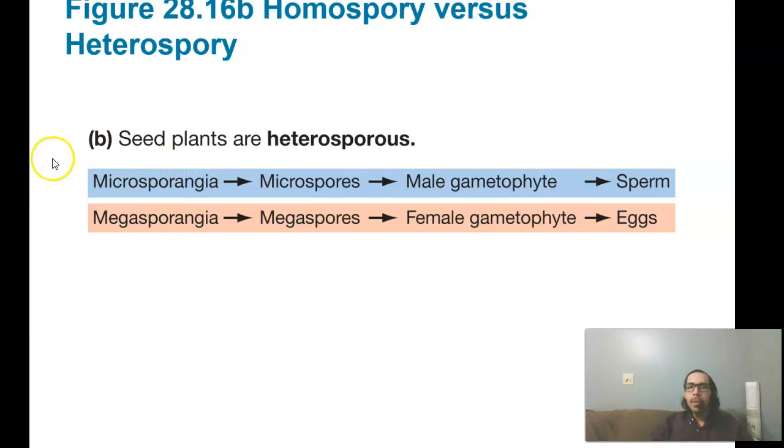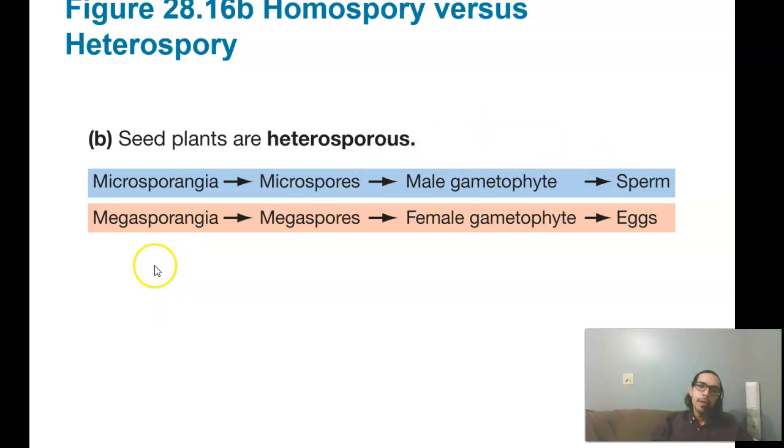For gymnosperms, it would be the male cones that have the microsporangia within them, and those produce the spores, the microspores. And then those develop into the gametophytes, or pollen grains. And inside of those are the sperm.